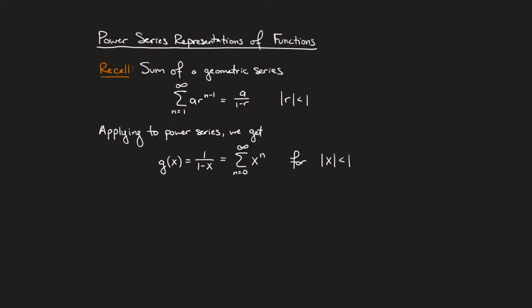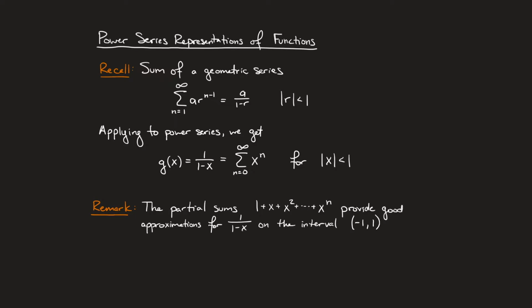Before we move on, I just want to take a quick minute to explain why this may be a worthwhile thing to do. Just like we saw before for regular series, the partial sums of the power series, which look like 1 plus x squared all the way to x to the n, provide good approximations for the function 1 over 1 minus x on the interval minus 1 to 1. This can be helpful because the partial sums are one of our favorite types of functions, polynomials.